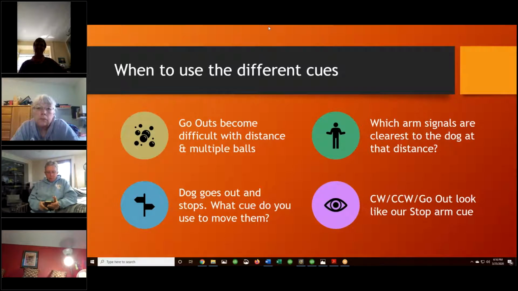Oh, I never did obedience like that, so I always use my aways and come bys, and I can move my dogs anyway with that. If they get totally confused, I just call them back and start again.